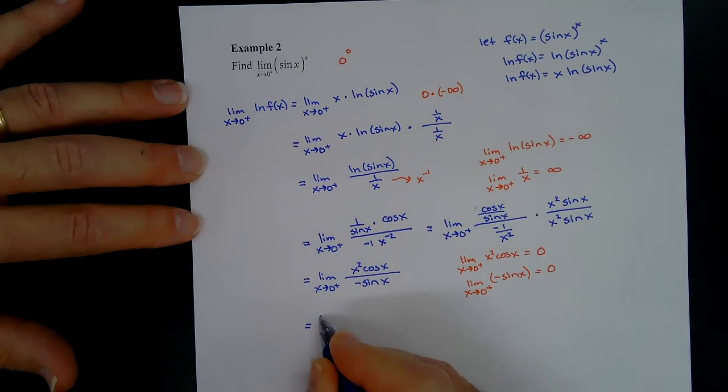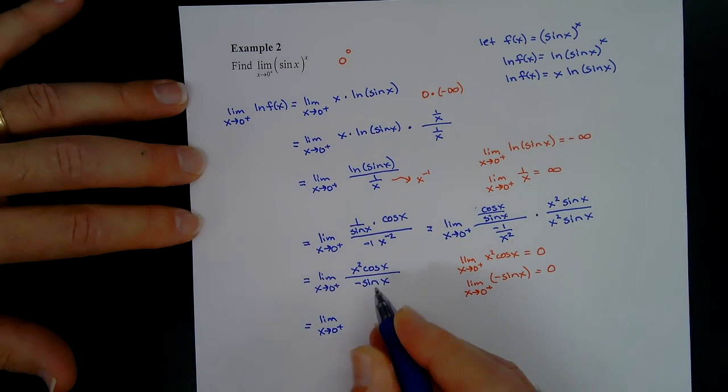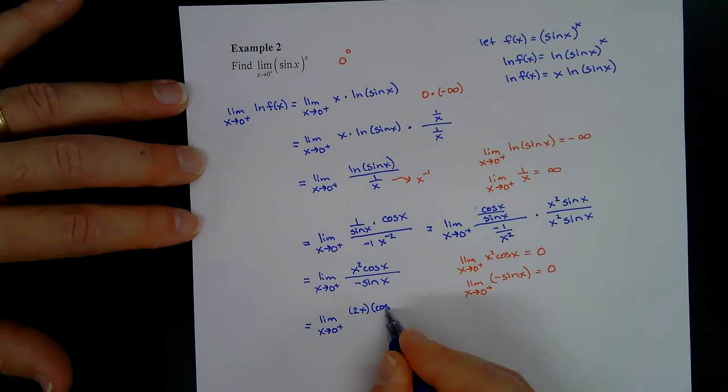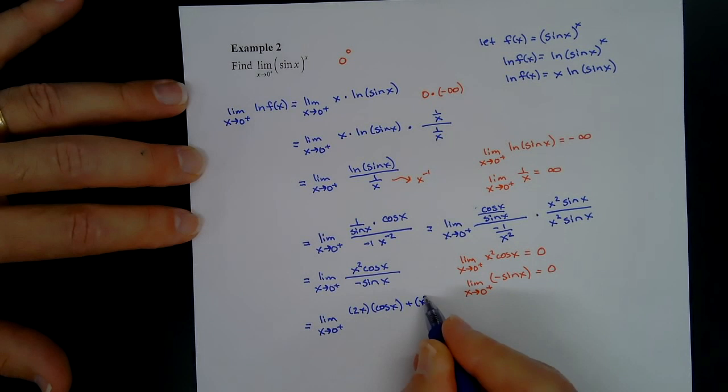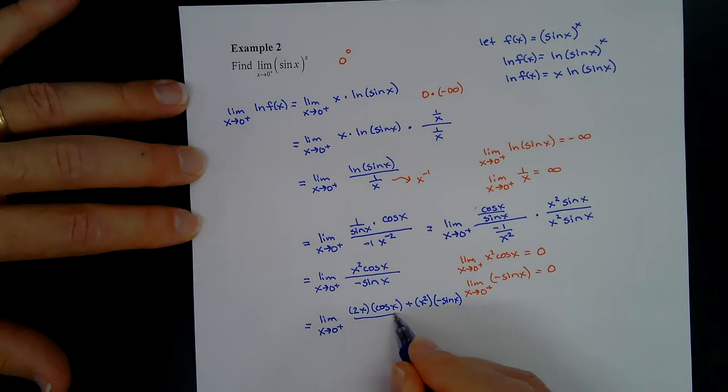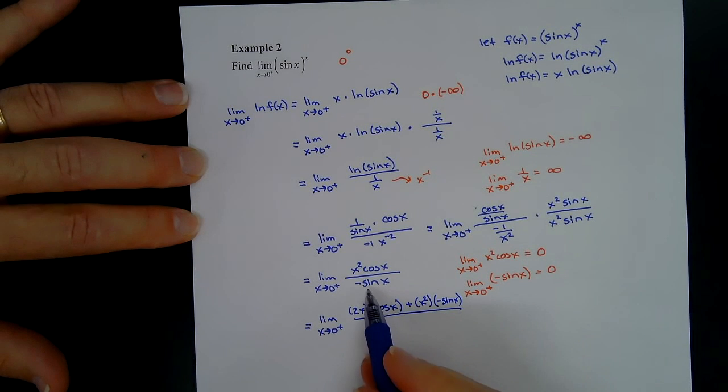So this is equal to the limit as x approaches 0 from the right of the derivative of this, which would be 2x, the derivative first, times the second function, cosine of x, and then plus x squared times the derivative of cosine x, which is negative sine x, all over negative, and then the derivative of sine x is cosine x.